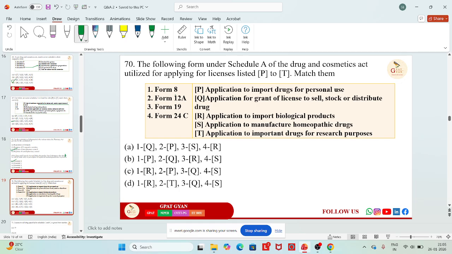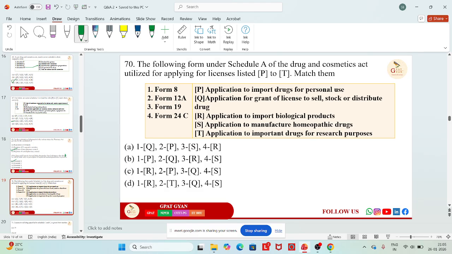Answer C, ma'am. C will be the right answer. Import of biological product is Form 8.